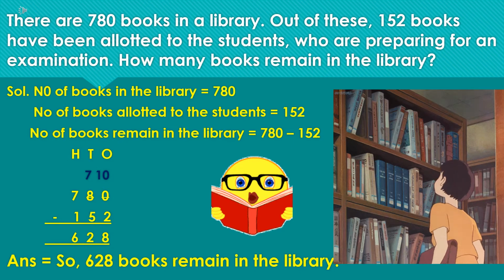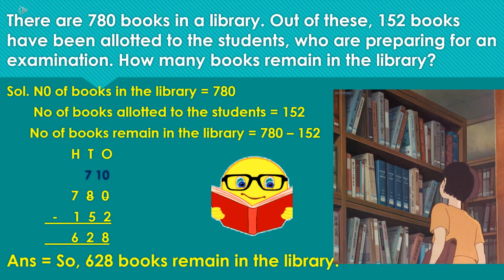So what information in this problem has been given? We are told that there is a library which has 780 books. एक library है जिसमें 780 books हैं. Out of these, 152 books have been allotted to the students who are preparing for an examination.